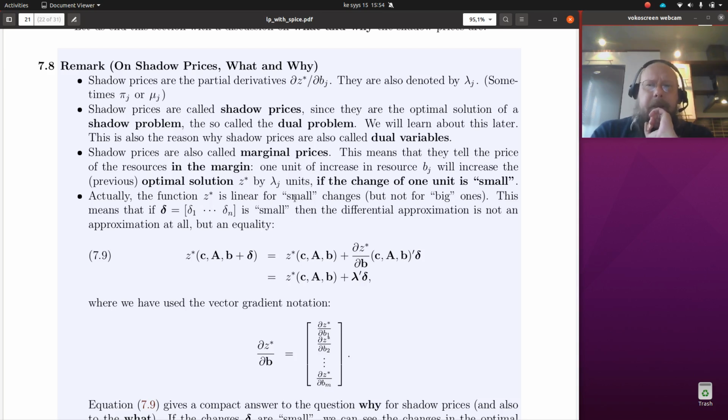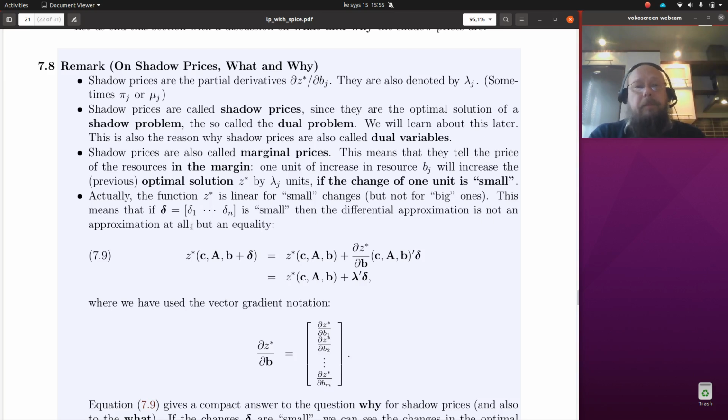But that doesn't mean that the solution of the LP is actually linear in its data, constraints, and objectives and so on. But it is actually if the changes are very small. So this means that in the approximate differential there is no approximation, it's actually equality.